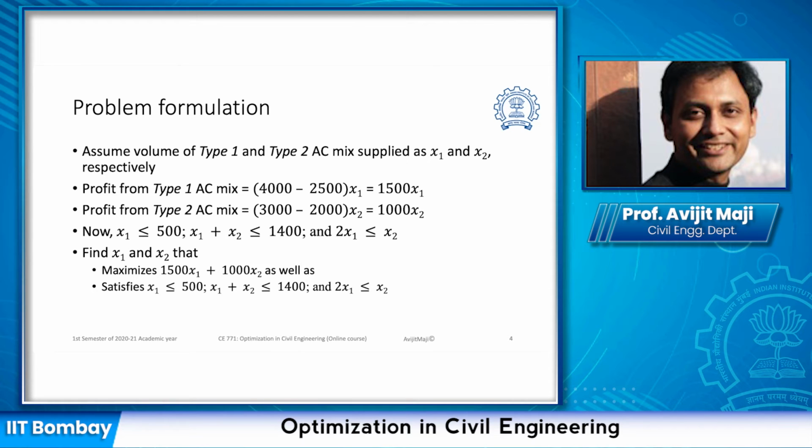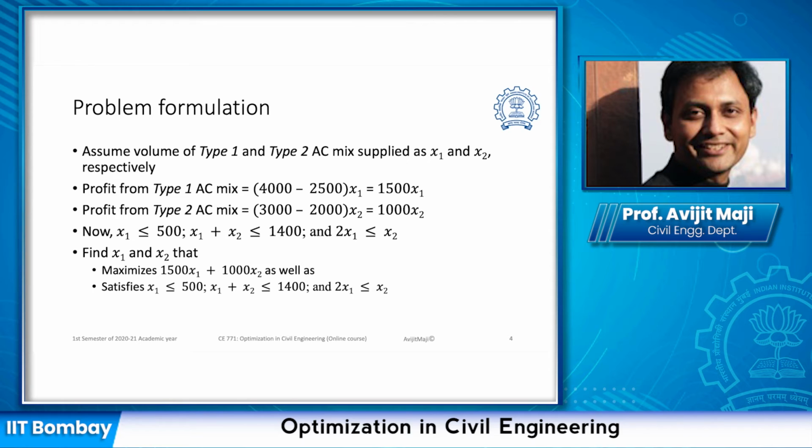The other condition is that the total demand in a particular day is going to be 1400 meter cube or less, so we represent it as x1 plus x2 less than or equal to 1400. We also said the type 2 production is at least twice the type 1 production. We need to satisfy that condition and we indicate it as 2x1 less than or equal to x2.